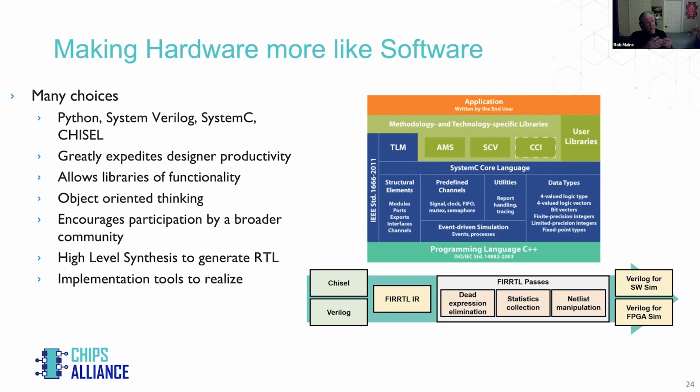Chisel is based on Scala, for those that don't know, which is an object-oriented language. Chisel itself comes out of UC Berkeley, for reference. But again, the idea is to expedite designer productivity, provide libraries of function, and really to orient towards object-oriented thinking, and then provide the necessary tools or compilation mechanisms to go from that language into the actual representation in gates and transistors.